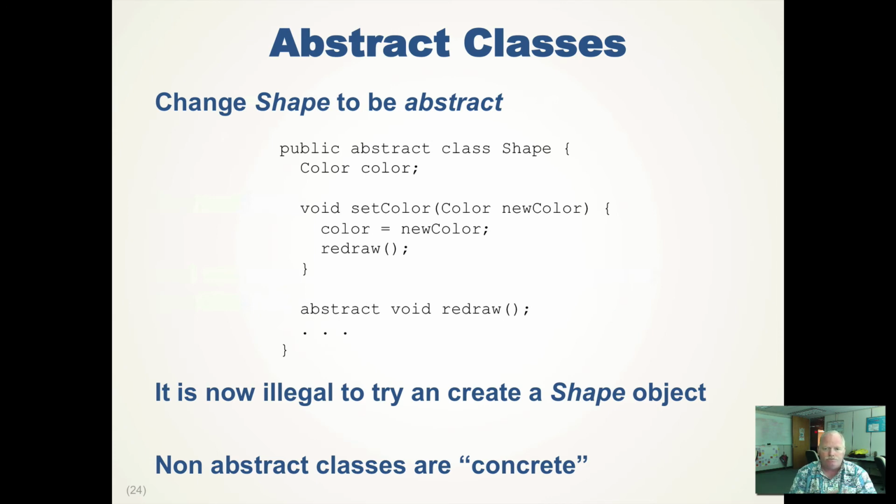If you say new shape, that is illegal because it's abstract and cannot actually be constructed. You can't create a generic shape object. Now you can create all the subclasses because they actually have a body for their redraw methods, and those non-abstract classes are often called concrete classes because we can actually construct one and use it.